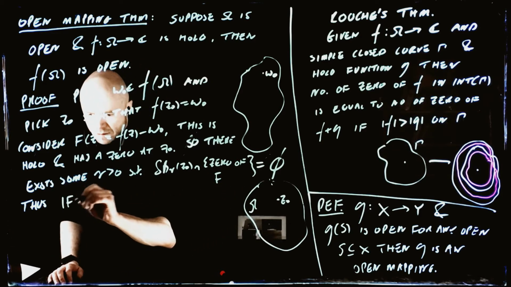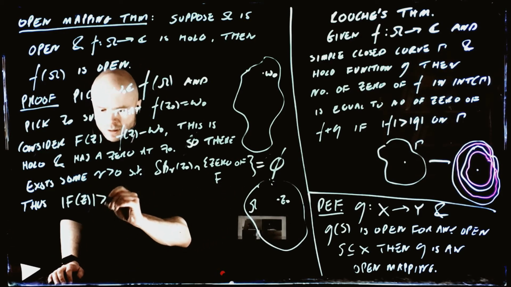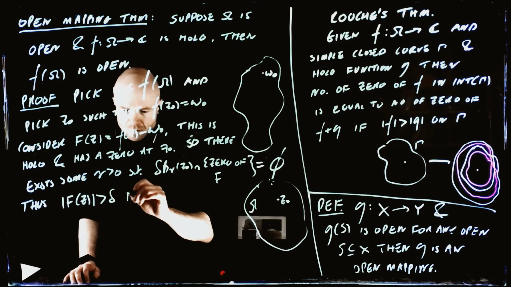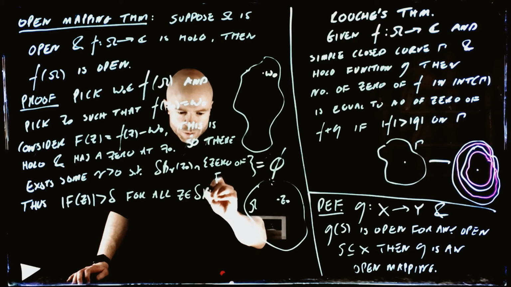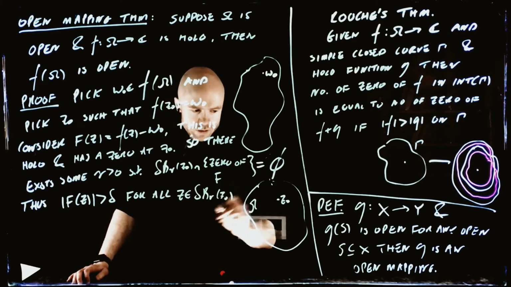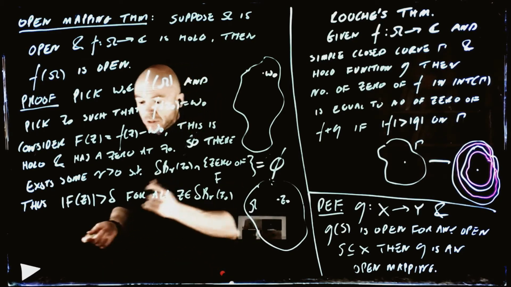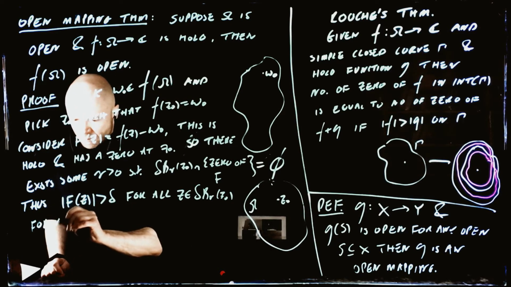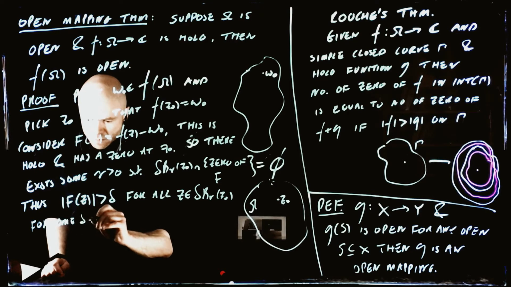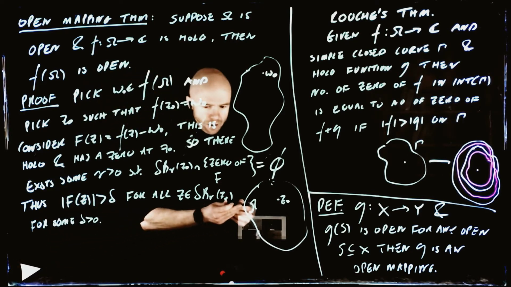So thus it is bigger than delta for all z belonging to the boundary of the ball of radius r around z0, for some delta. Doesn't matter how small it is.